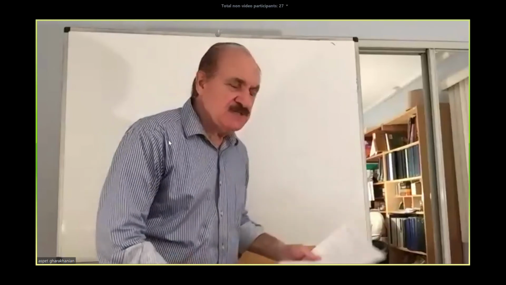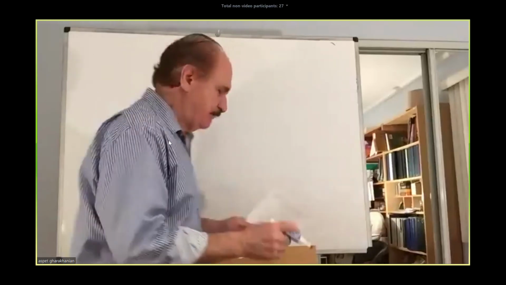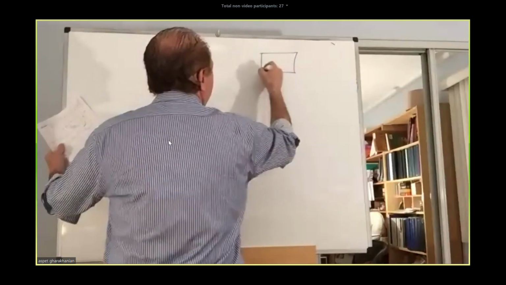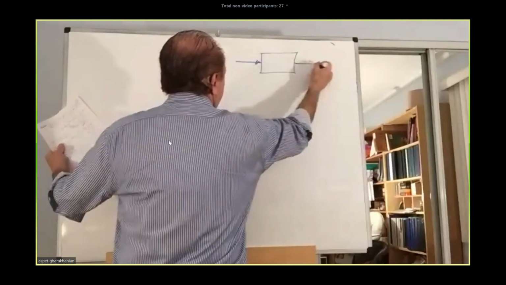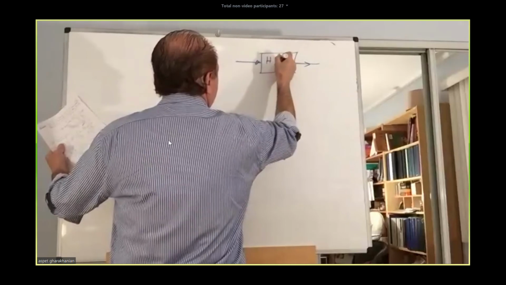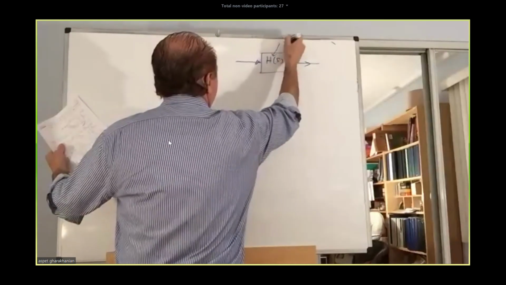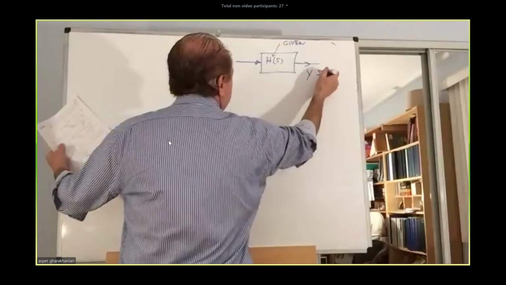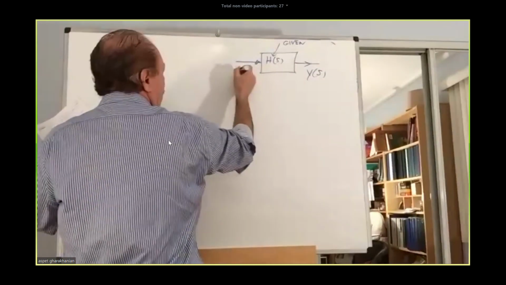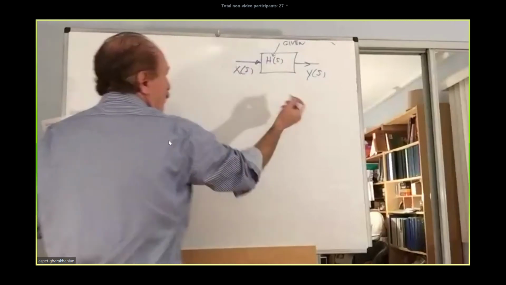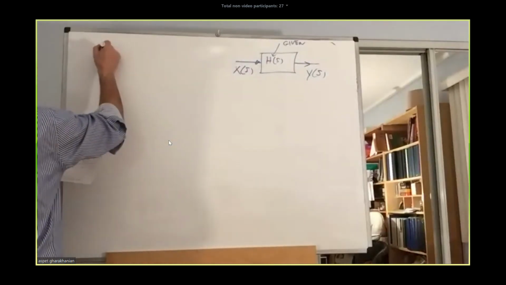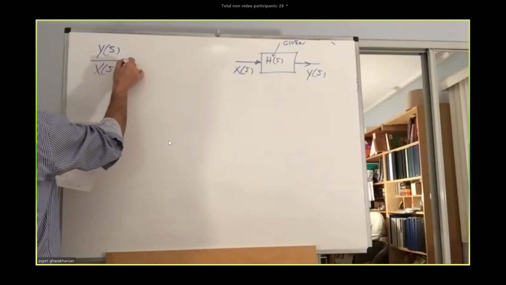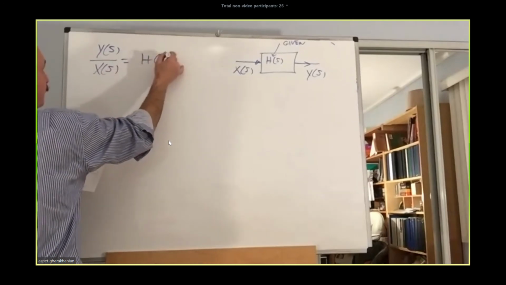What is the system impulse response? Here, let us say you have a transfer function here, H of s, given, and then you have y of s, output Laplace and input Laplace. So we know that y of s over the x of s is equal to H of s.